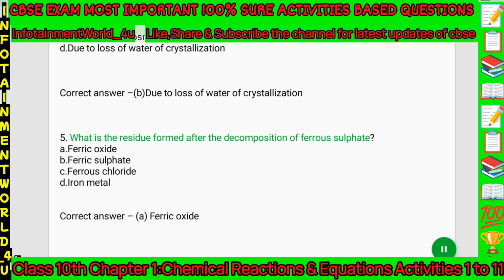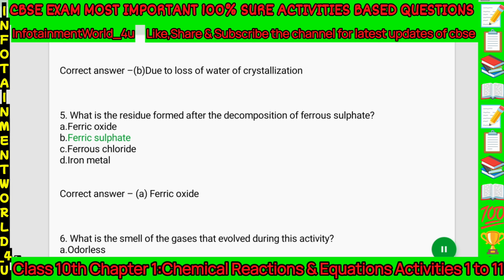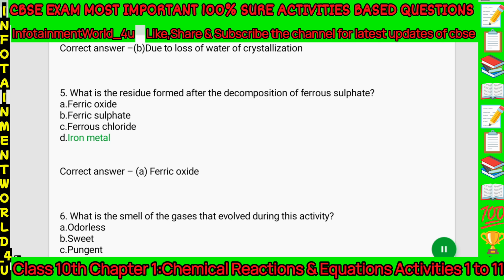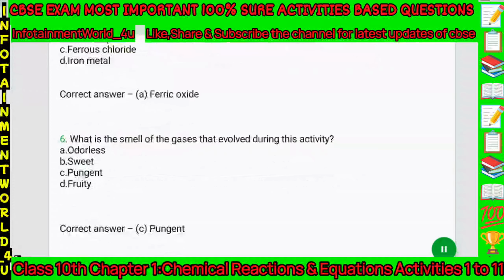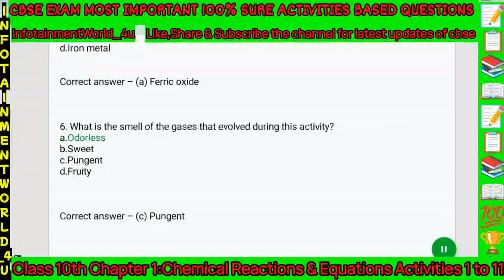5. What is the residue formed after the decomposition of ferrous sulfate? A. Ferric oxide. B. Ferric sulfate. C. Ferrous chloride. D. Iron metal. Correct answer A. Ferric oxide. 6. What is the smell of the gases that evolved during this activity? A. Odorless.